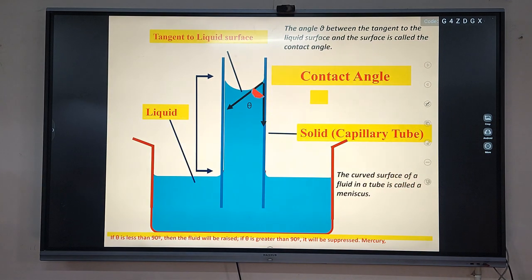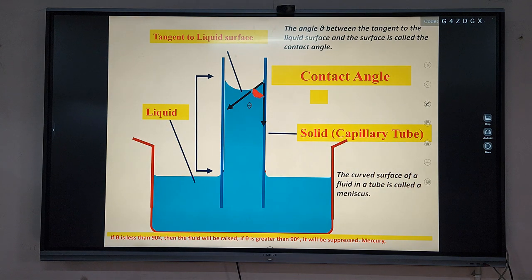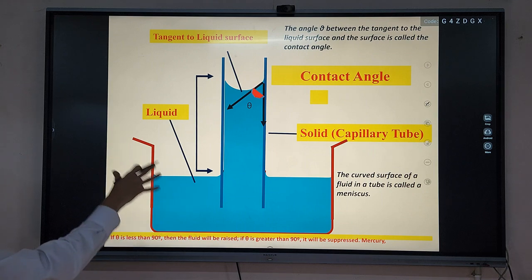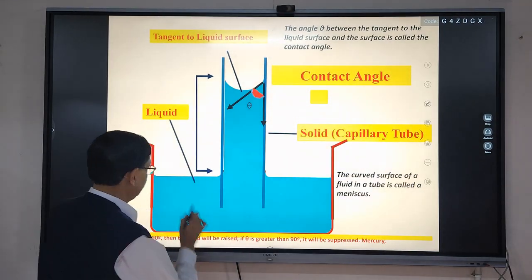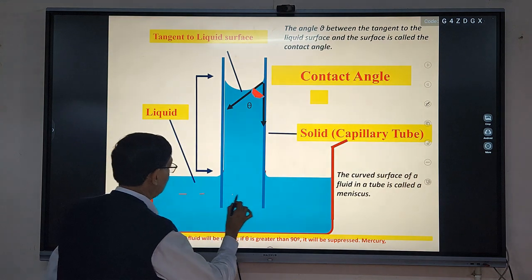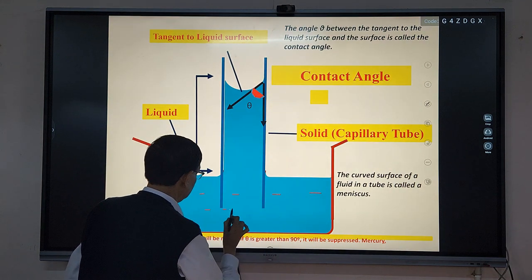So this is the schematic diagram of these two types of force, adhesive and cohesive force, and this is only for water. And here this is a capillary tube, this is one liquid, you can call it water.